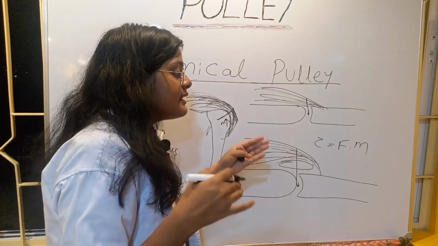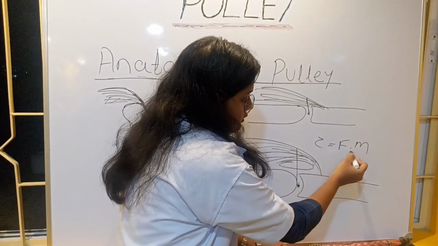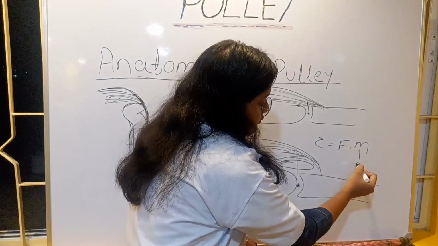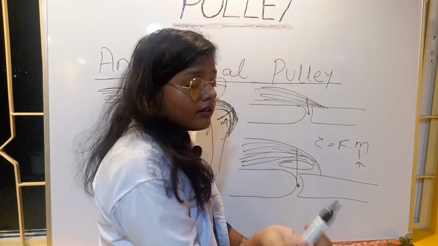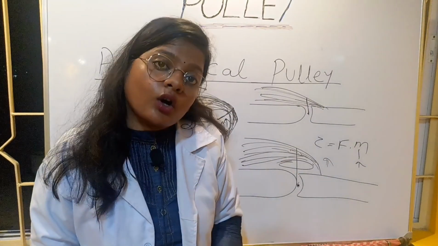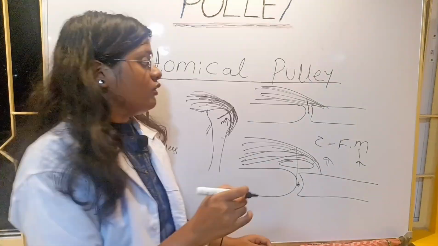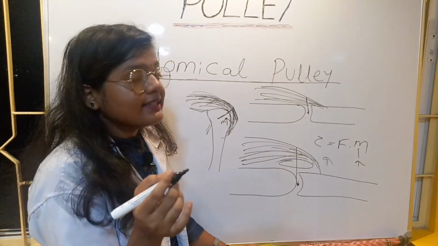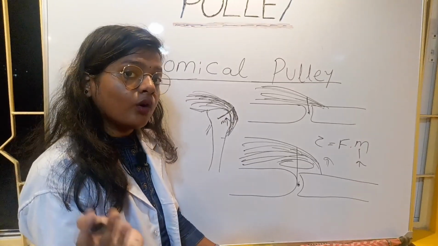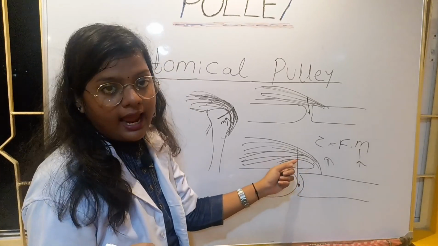We can give the same force, but here the moment arm is greater. So torque will definitely increase. When the torque increases, the muscle efficiency also increases. So here the patella increases the efficiency of muscles. So here the patella is an anatomical pulley.